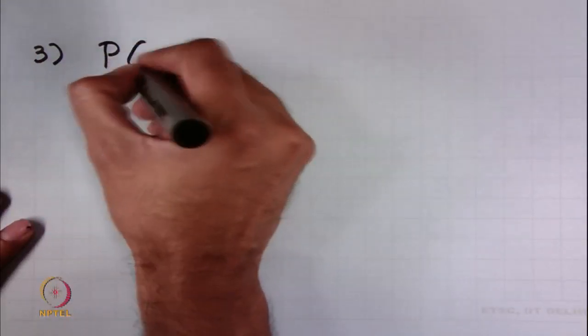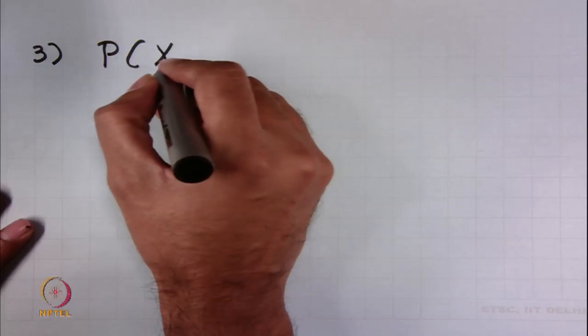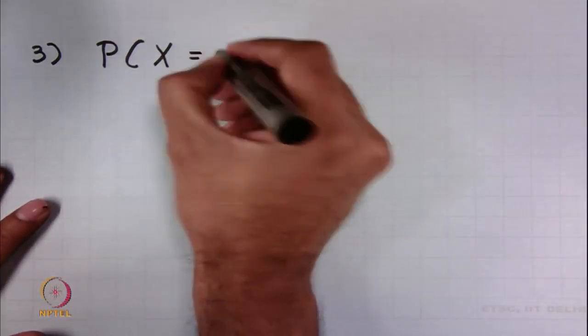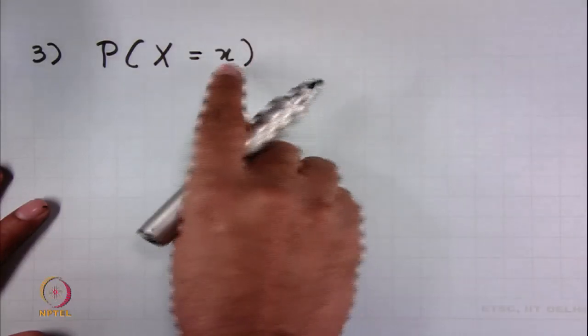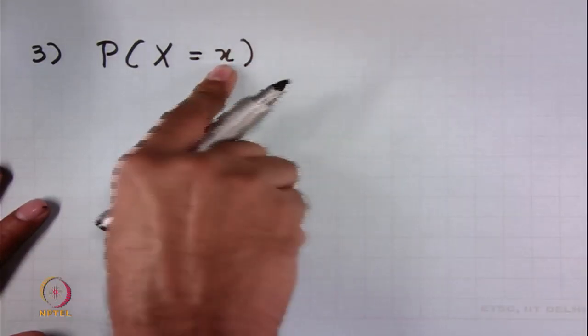Let me ask a third question. What is the probability that a continuous random variable, so we are just focusing on continuous random variables at this moment, takes a particular or a specific numerical value?